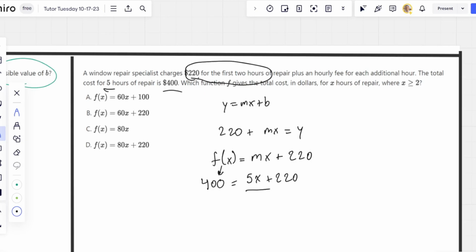But if you set it up like this, there's actually a couple issues with this, right? This is assuming that 220 is the flat fee when we do no work. But this is actually just for the first 2 hours. So in reality, we've got to include some of that initial 2-hour charge in the hourly rate.